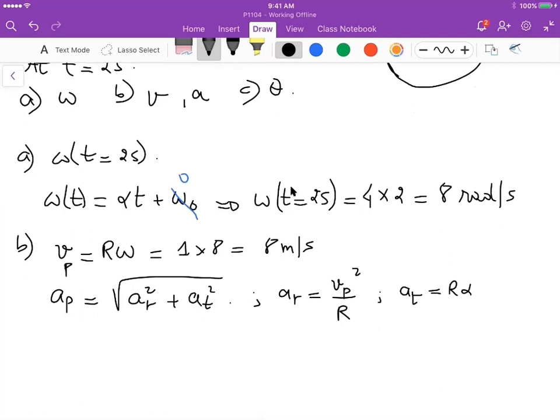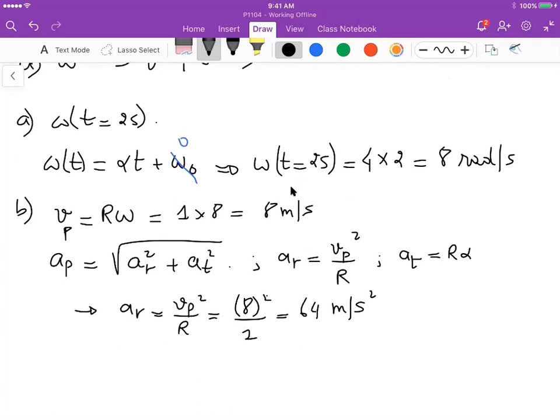So let's go on and define how much each component of this acceleration is. We have AR, as we said, VP squared divided by the radius R. VP is 8, so 8 squared divided by 1 gives the value 64 meters per second squared.